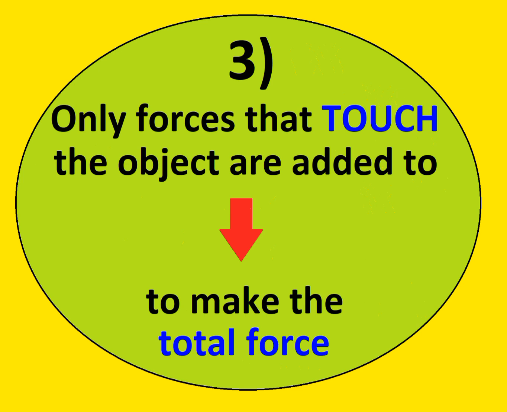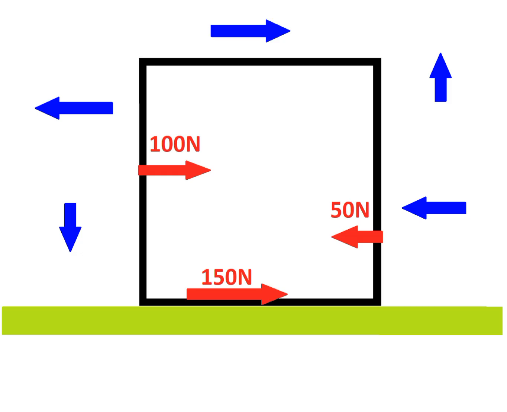So when we say in point 1, all forces, we talk only about all forces touching the object. In this picture, there are a lot of forces drawn with blue arrows. These forces don't matter because they don't touch the wagon directly. Only the forces drawn with red arrows are taken into account as forces on the wagon because they touch the wagon.